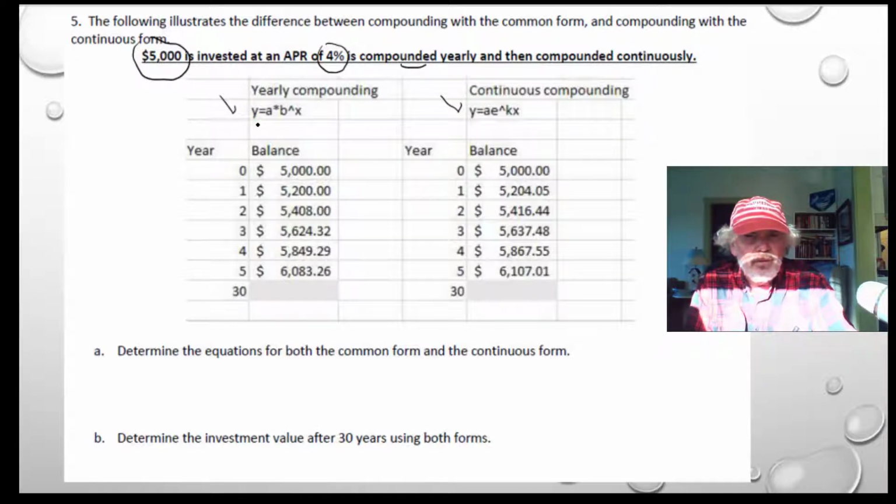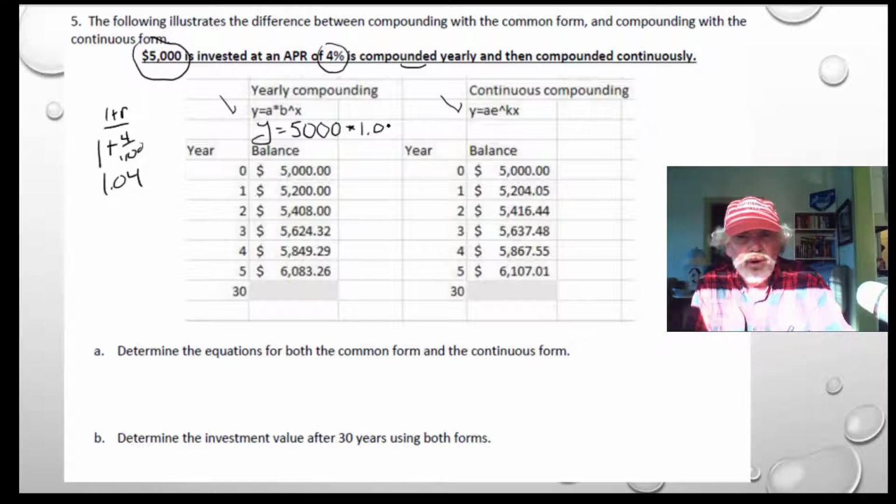So we start out, the amount of money that I'm going to have, or Y, is going to equal my initial value, A, which is $5,000, times my growth factor, not 4%, but 1 plus R. The growth factor is 1 plus R, or 1 minus R. In this case, it's 1 plus 4 over 100, which if you put it in your calculator, you get 1.04. That's the factor. Obviously, the factor has to be more than 1, and that's raised to the number of years.